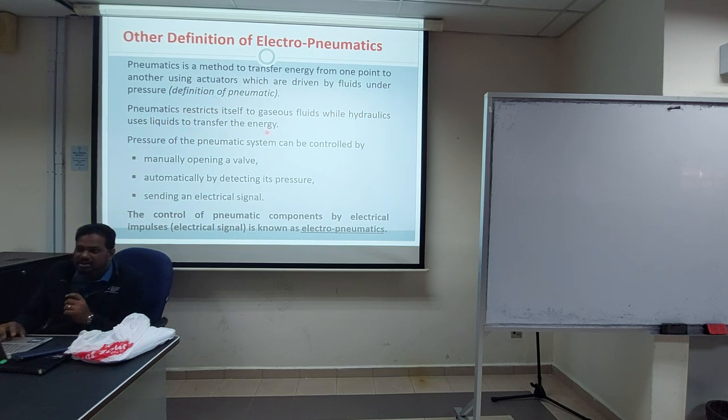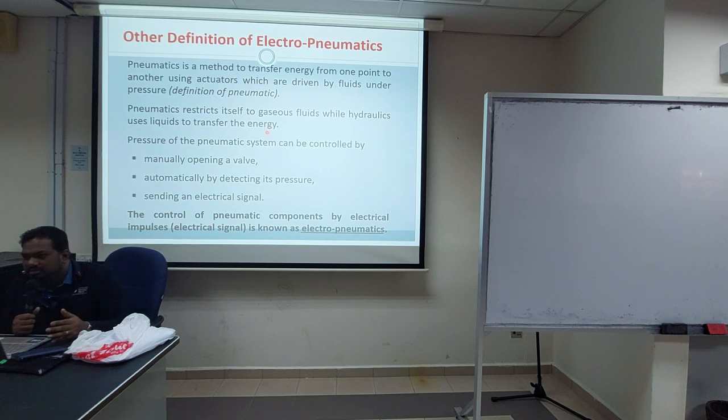After this, in the second half of our subject, we will learn about hydraulic. So 5 chapters on pneumatic, 1 chapter on electro-pneumatic, 4 chapters on hydraulics. Hydraulic uses liquid, pneumatic uses a compressor. That's something that you need to know.